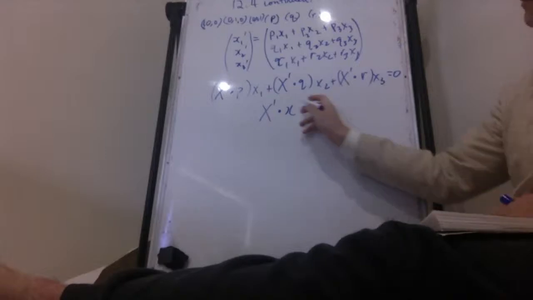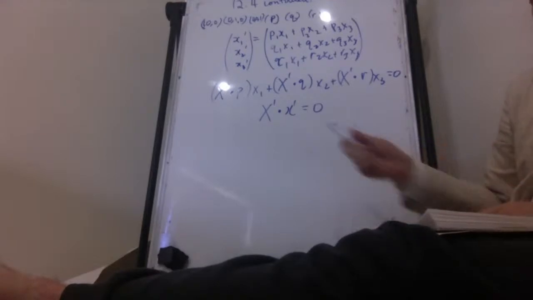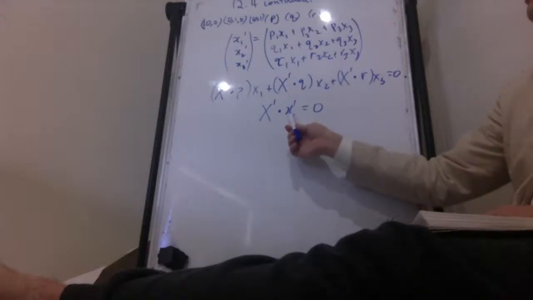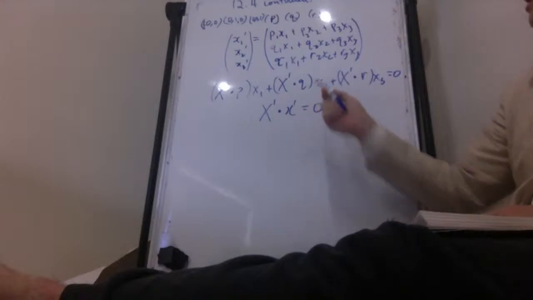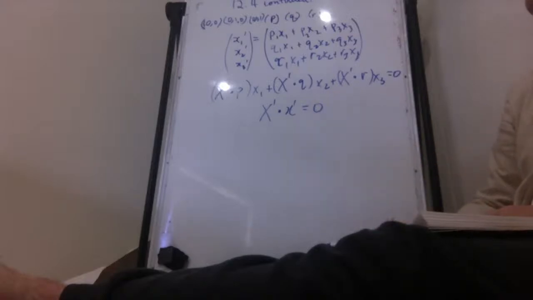So this should be a prime. This is saying the image of x lies on some line, and then this is saying that the original point x lies on some line.